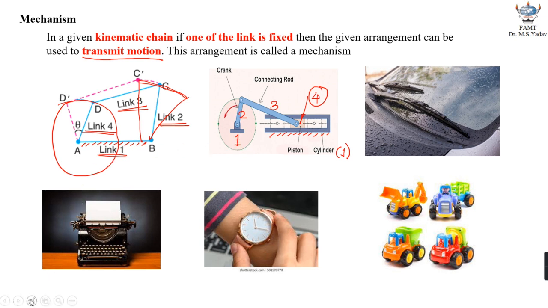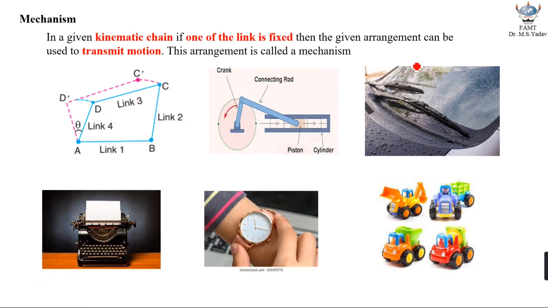Now on the screen, different practical examples of mechanisms are shown. This is example number 1, which is wiper blades of a car. This is example number 2, which is a typewriter. This is example number 3, which is a wrist watch. And here is example number 4, which is toys.